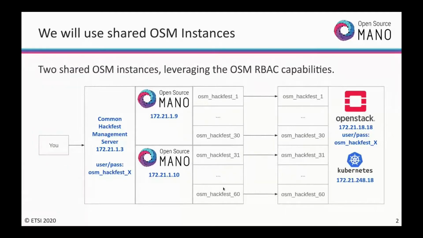Each one of them will talk with one single OpenStack instance, whose Horizon dashboard is at 18.18, and one Kubernetes, which is at 248.18. The OSM instance that you have has already been set up and configured so that it knows where OpenStack is and where Kubernetes is. So everything has been set up for your tenants already. We're not going to need to do much configuration there.